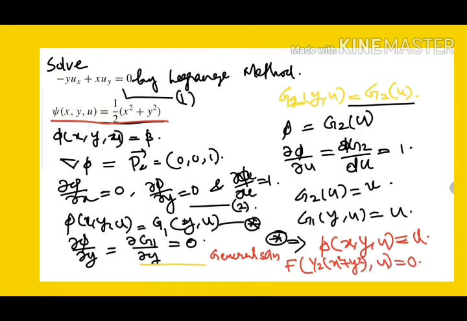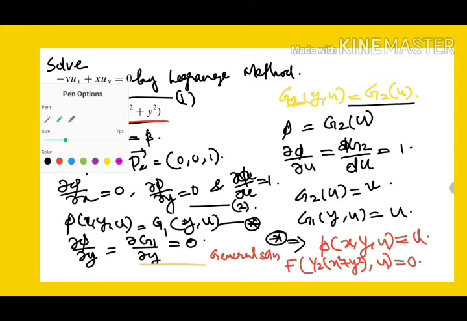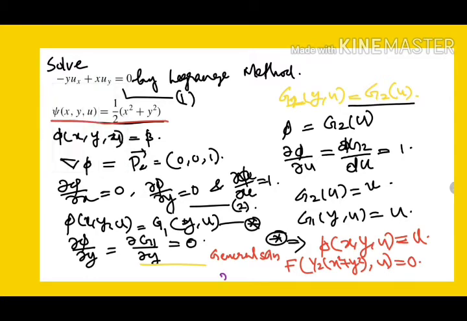One way we can write it is u equal to g of half x square plus y square. Half is a constant, so we can absorb it into the function and consider only the variables. So the solution is u equal to g of x square plus y square.